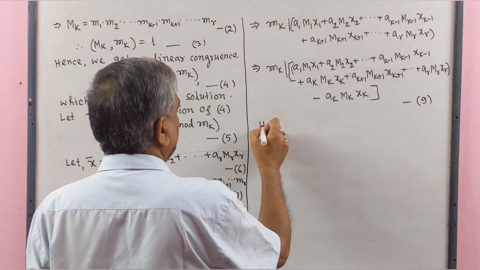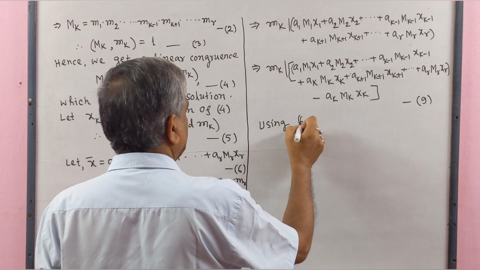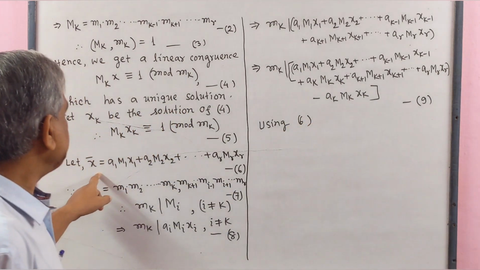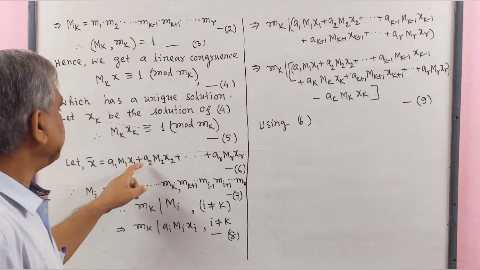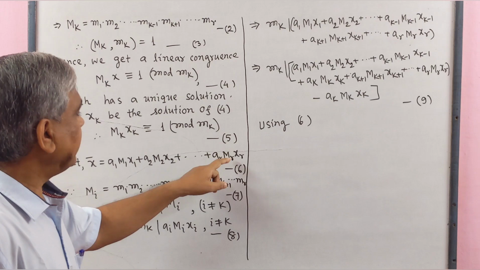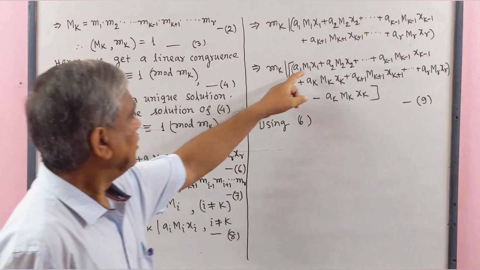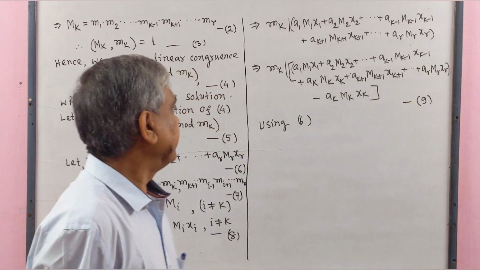Using 6, we see that x bar equal to a1 M1 x1 plus a2 M2 x2 plus ... plus ar Mr xr. Here this bracket contains x bar.